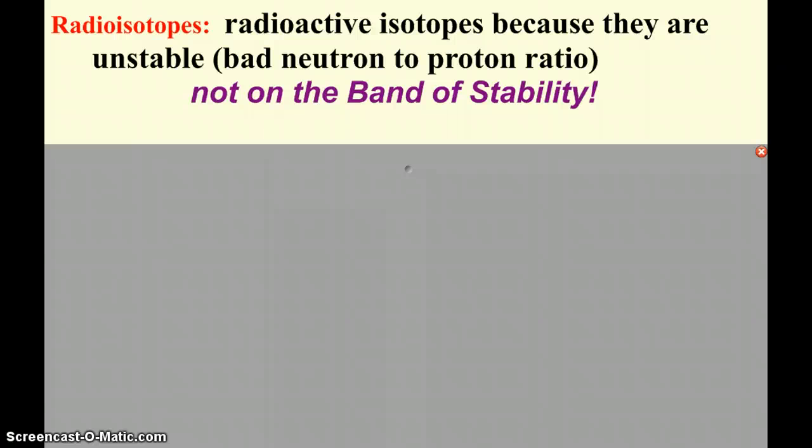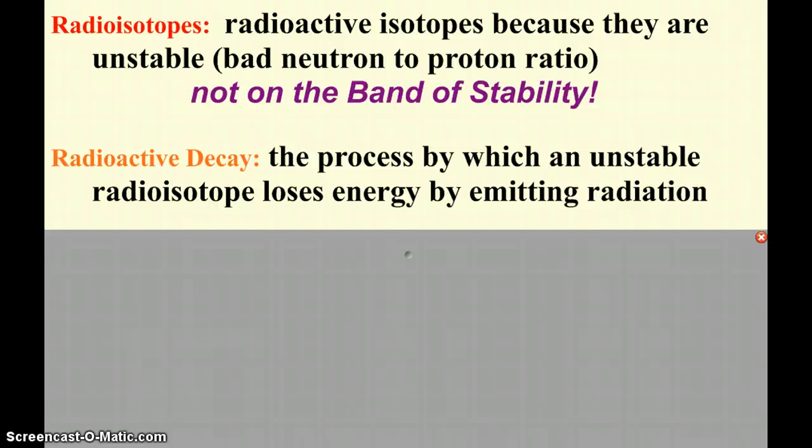They have a bad neutron to proton ratio, aka they're not on that band of stability. Because of that, they will radioactively decay. And this is the process that we'll look at when an unstable radioisotope loses energy by emitting radiation. And as we'll see, radiation can be in the form of particles or energy or both.